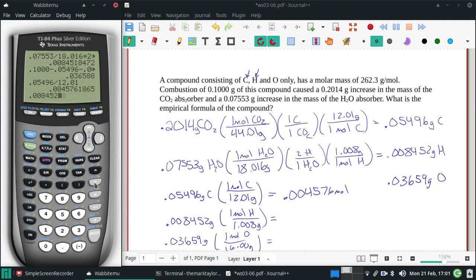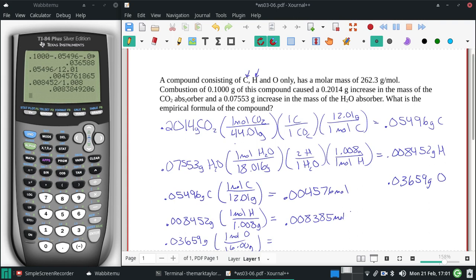0.008452 divided by 1.008 gives 0.008385 moles of hydrogen.